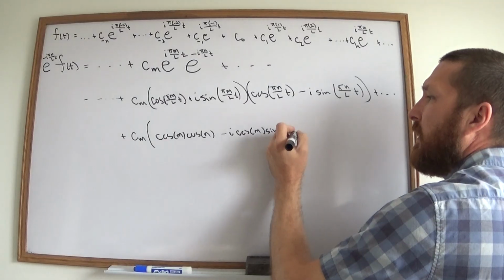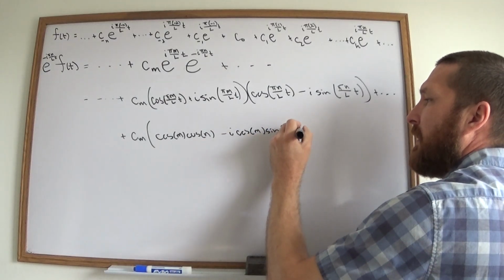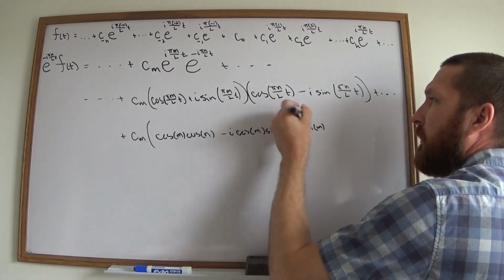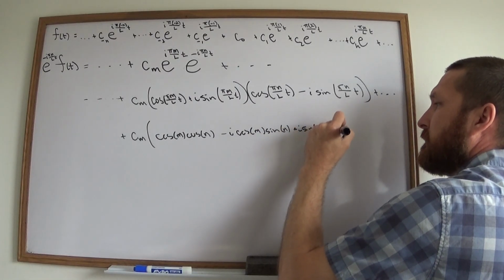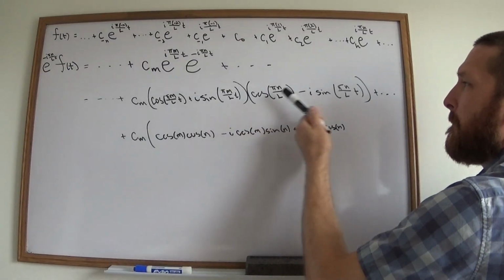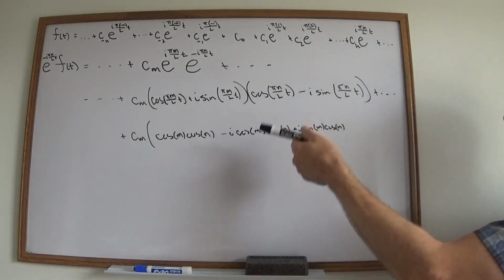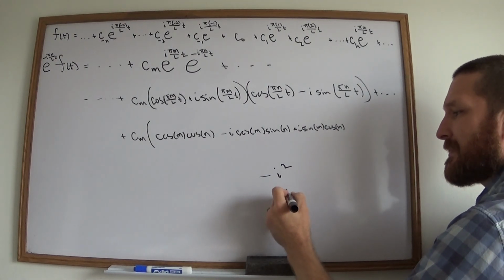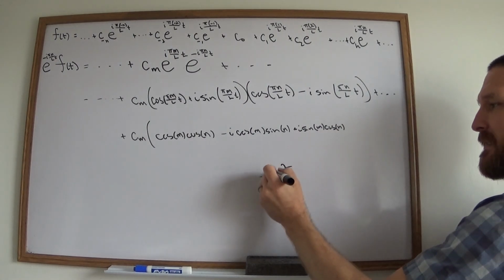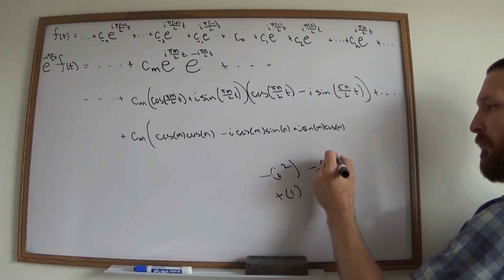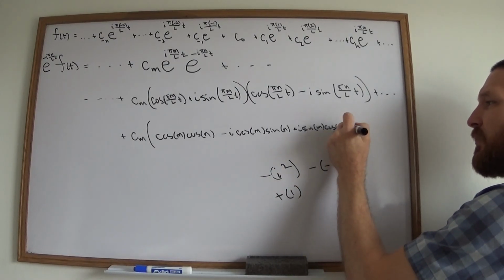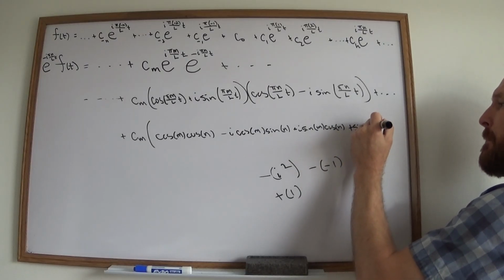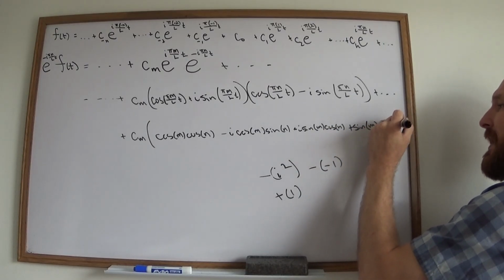Now we have a plus i sine m cosine n minus i squared, which is the same thing as plus 1, right? Because that's minus negative 1. So that's plus 1. So I'm just going to write that as plus sine m sine n.